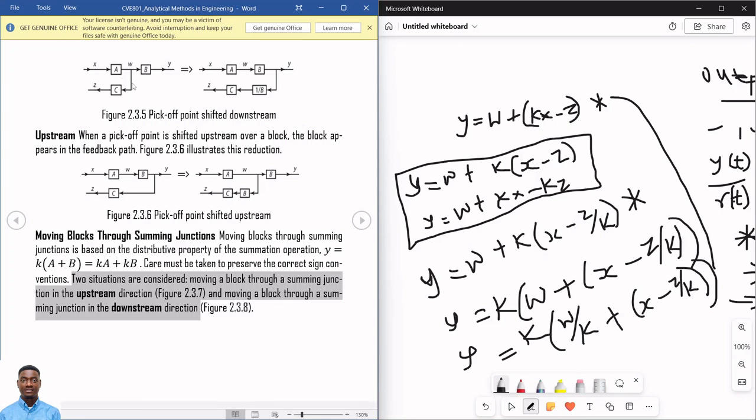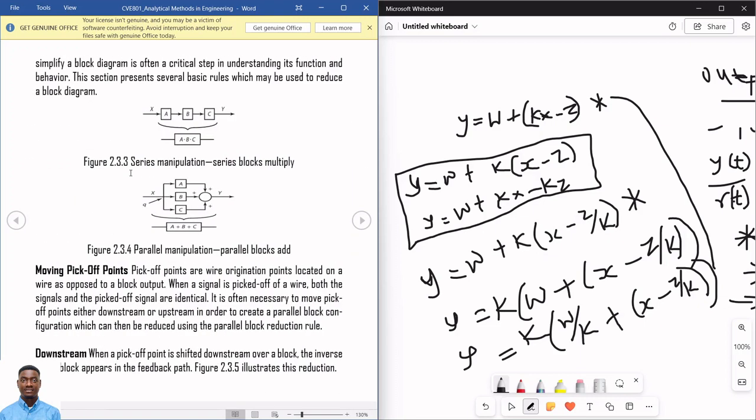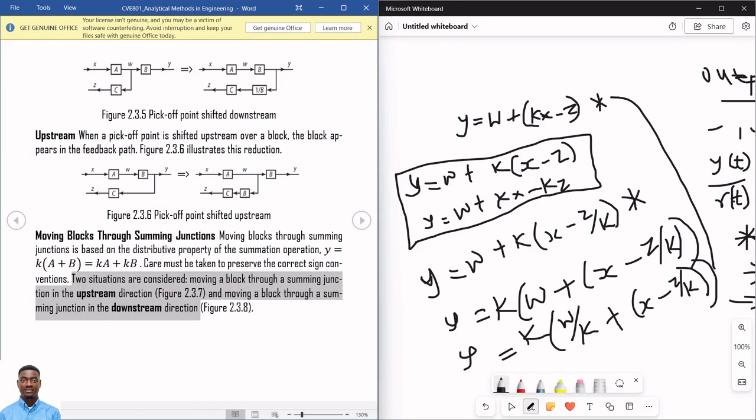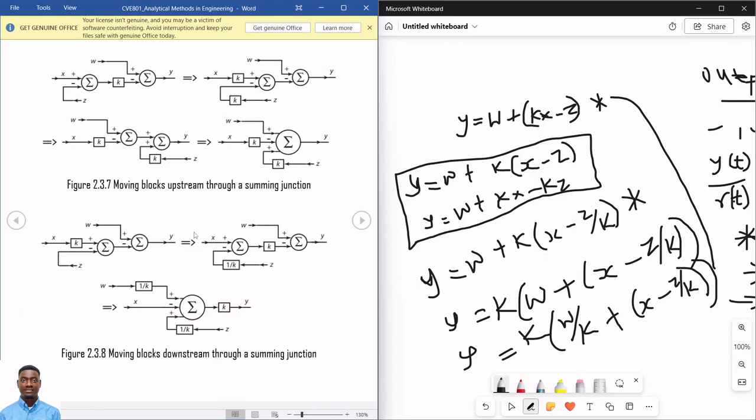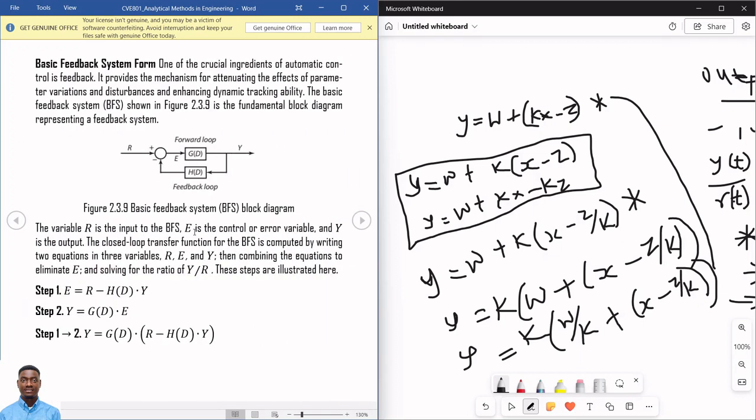When you're talking about upstream or downstream, you're moving a pick-off point over a block downstream, or you're moving it backward, upstream, over a block. That is movement of pick-off points, downstream or upstream. Movement of blocks over summing junctions, downstream or upstream. Then we have the parallel and series manipulation. So those are the 3 manipulations that we have.